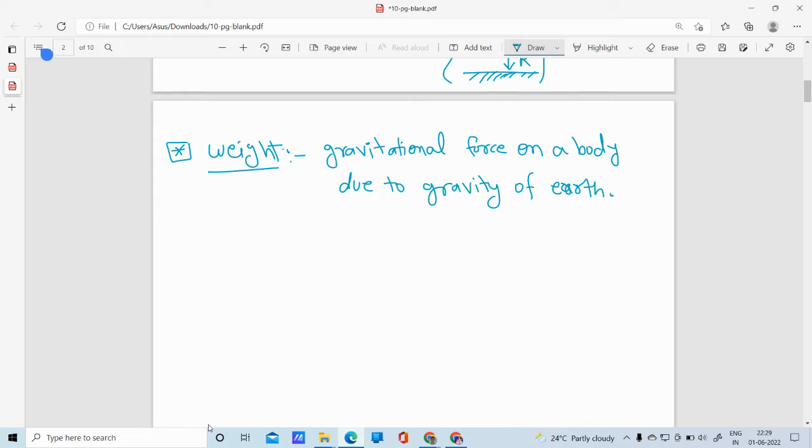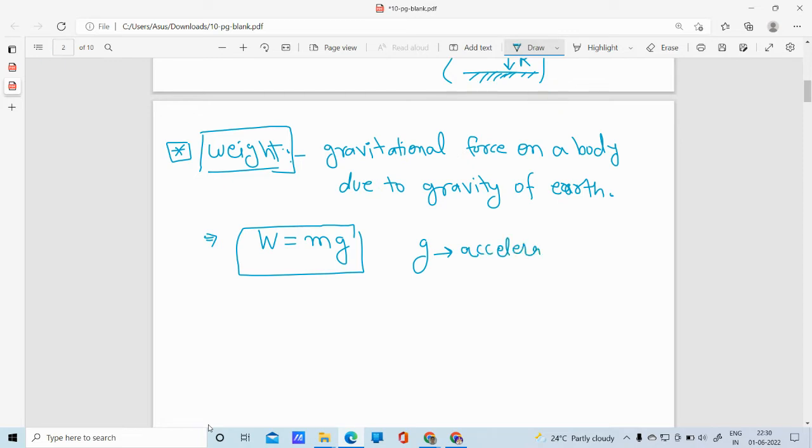Clear? So what is W? W is mg. Here g is the gravitational acceleration, or acceleration due to gravity.